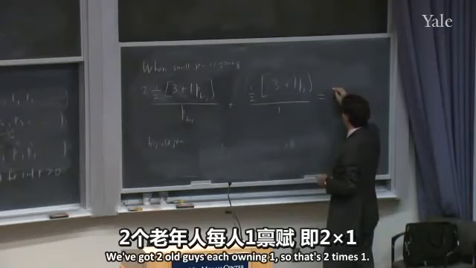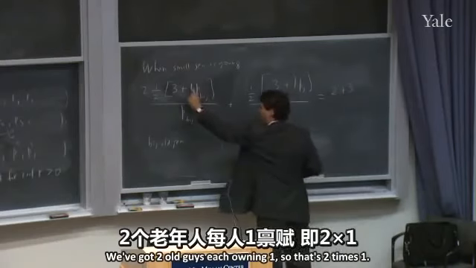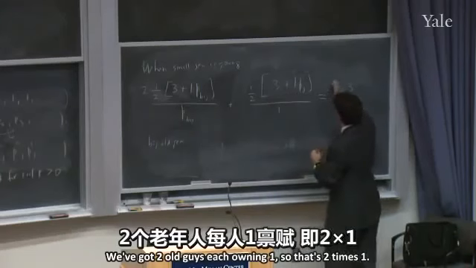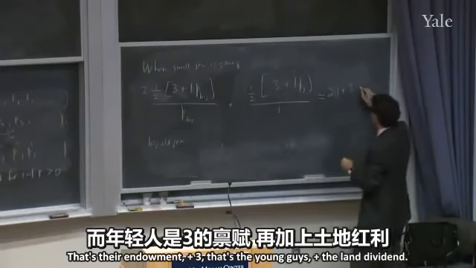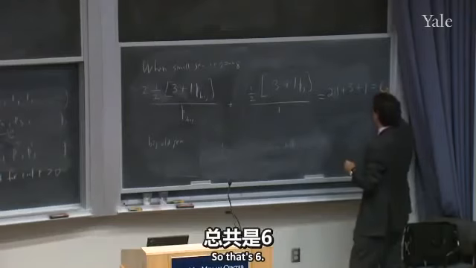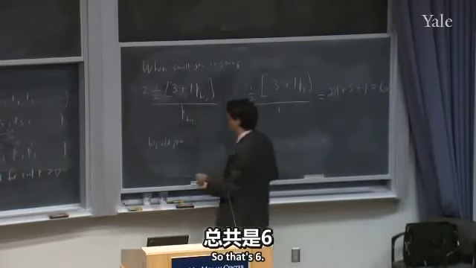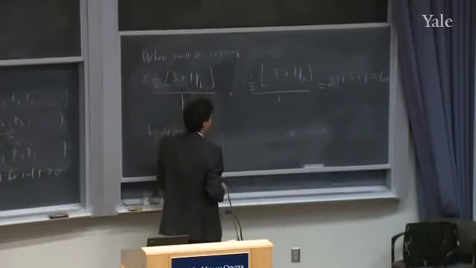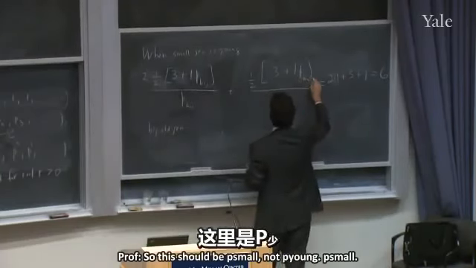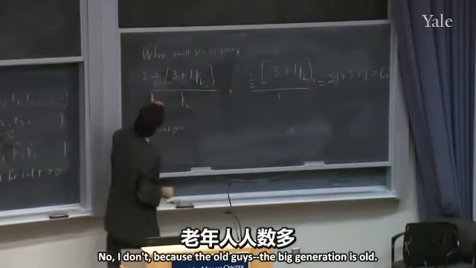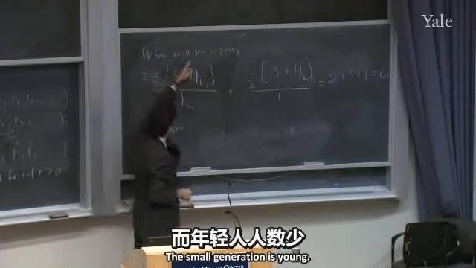We've got 2 old guys each owning 1, so that's 2 times 1, plus 3, that's the young guys, plus the land dividend, so that's 6. So this should be P small, not P young, P small.